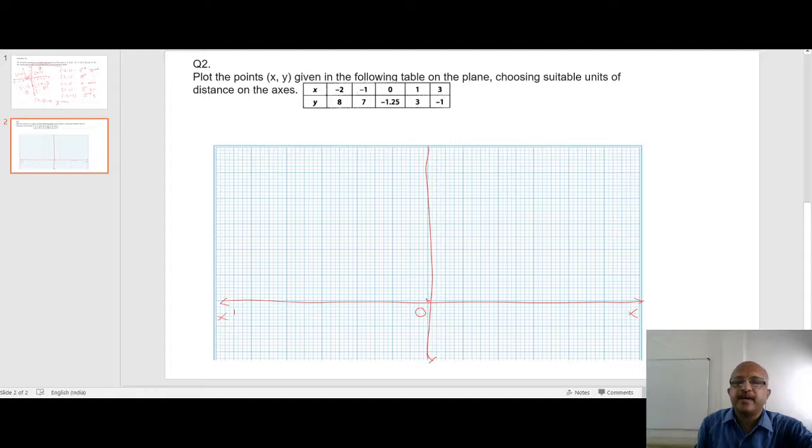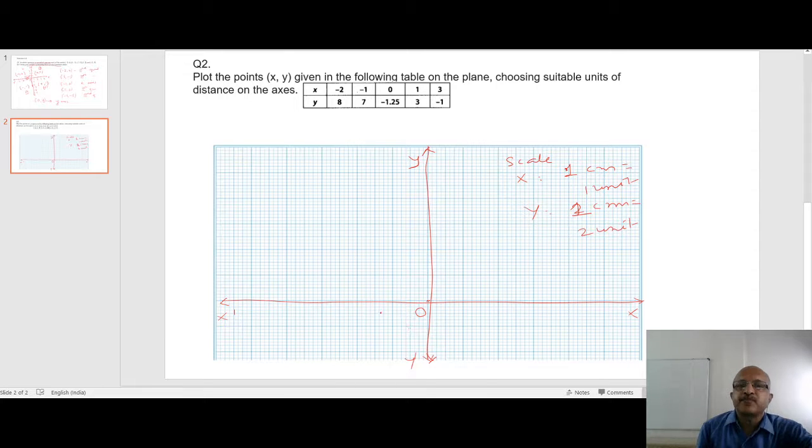Here we have the origin, this is y and this is y dash. Okay, so let us take this scale. On the x-axis we can take 1 centimeter equal to 1 unit. On the y-axis, 2, 4, 6, 8, so let us take 1 centimeter equal to 2 units. This scale we need to write.